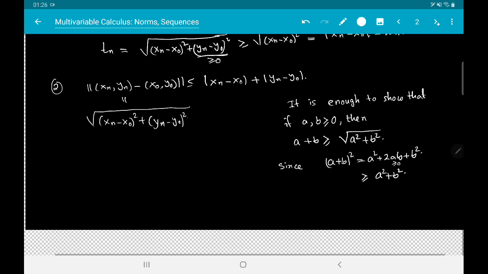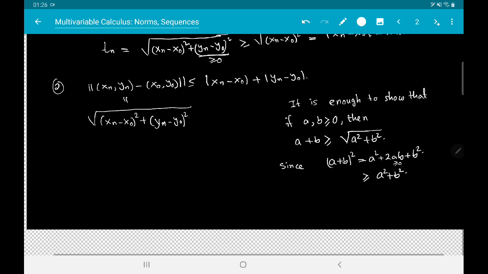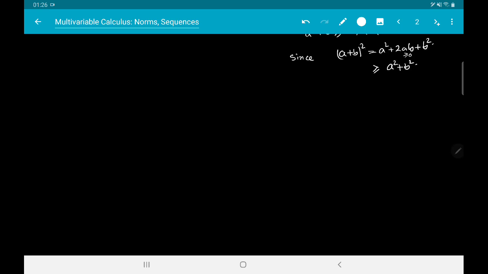Okay, so why did we prove this? Here is something that we are going to make out of this. The first inequality, inequality 1, said that the maximum of modulus of xn minus x0 and modulus of yn minus y0 is less than or equal to the norm of (xn, yn) minus (x0, y0).